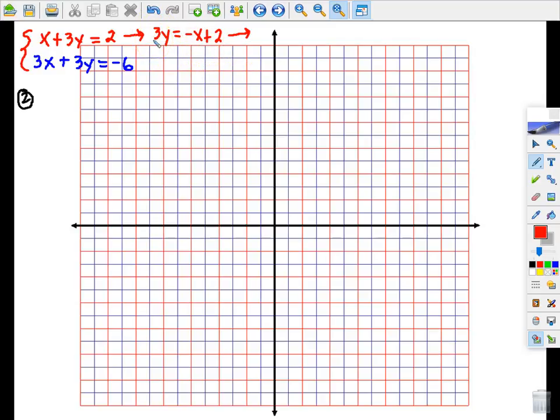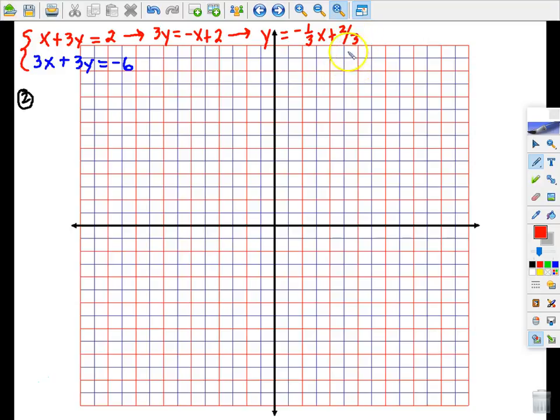Remember the inverse property of multiplication. So multiplying by 1/3 gives us this. Don't forget that everything is either divided by 3 or multiplied by 1/3. Everything, every term on both sides of this equation.